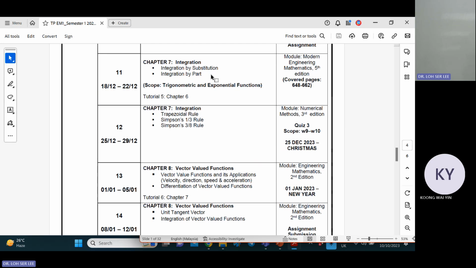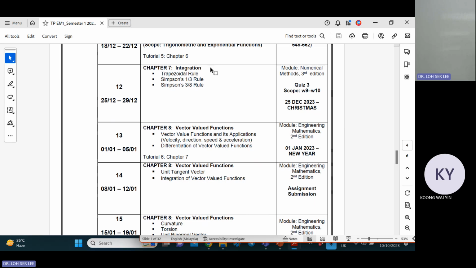For integration by parts, you will be introduced to a different type of method that can be used to solve integration by parts problems. It will be much more convenient, where you will use it massively in the next semester.